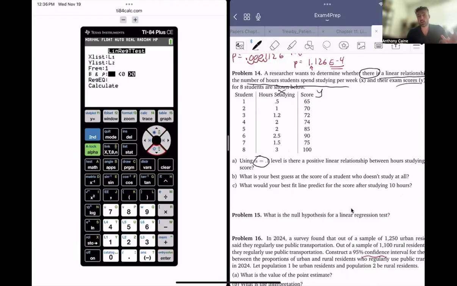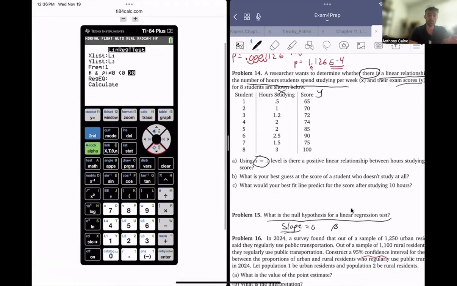What is the null hypothesis? The null hypothesis is always the same. What is the null hypothesis for every linear regression test? It's that the slope is 0. But how do we say slope? In the calculator, it's just beta. That's why on this screen, way on the left, it has beta. So the slope equals 0.